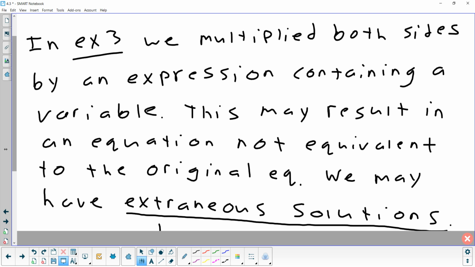Now, the calculator will never give you an extraneous solution, which is exactly why I might ask for it on the test. Because there is no way to figure out an extraneous solution using a calculator. You have to do the algebra, look at what you got, and say, okay, that's extraneous. I'm going to tell you how you can know that.